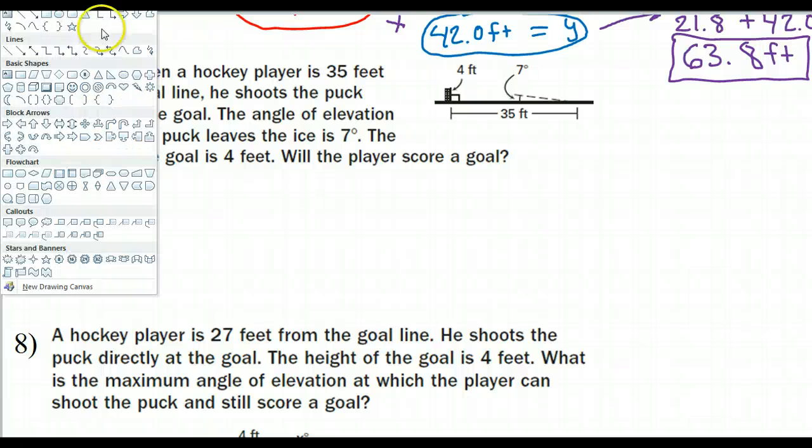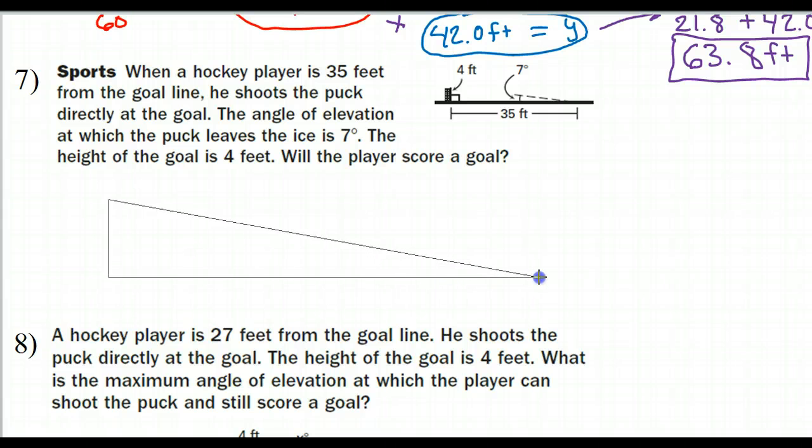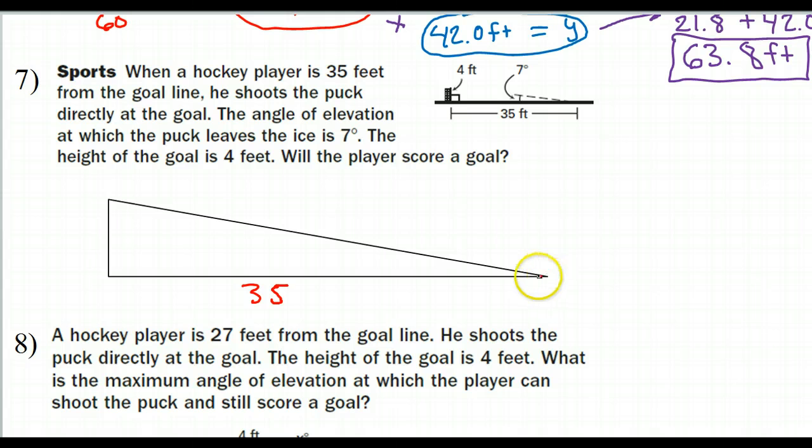So let's just draw a triangle to show what we're dealing with. I've got to draw it a little bigger than what they have shown there. Okay, so in my drawing, this is that 35 feet distance that they're talking about. You can imagine that here's where the puck goes, shooting up in that direction, and that the goal is over here somewhere.